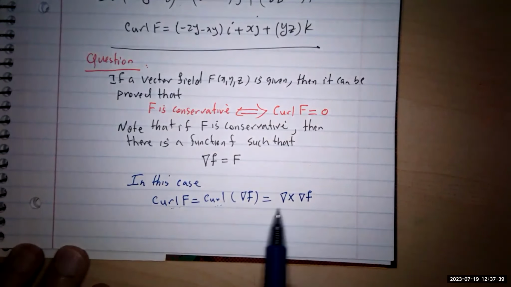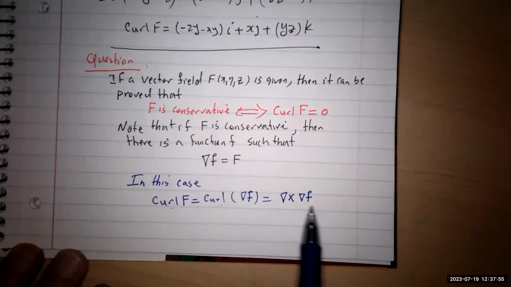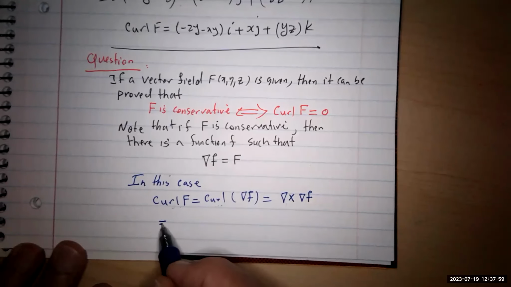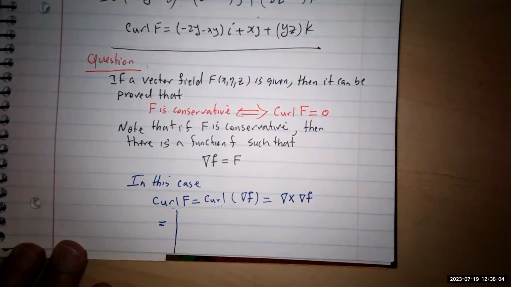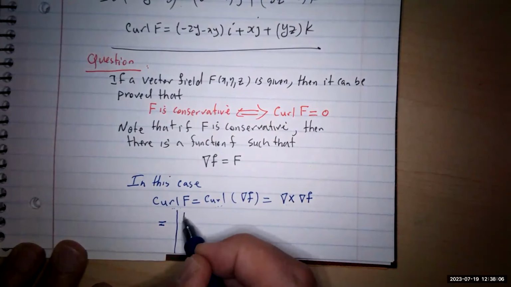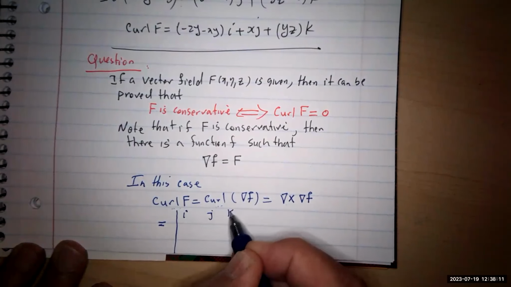It's just the definition of the curl. So this is going to be equal to the matrix with i, j, and k.